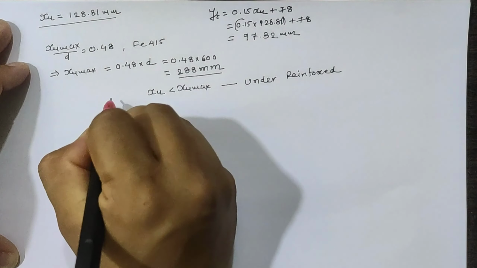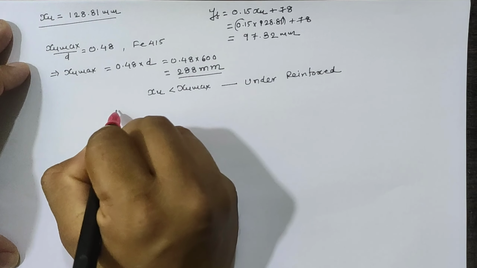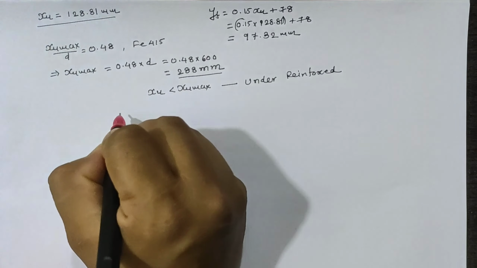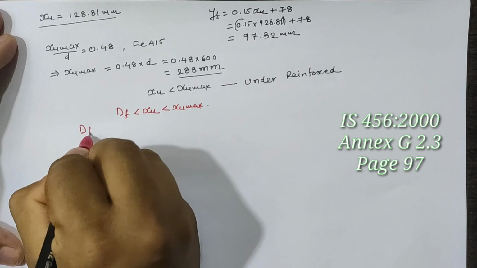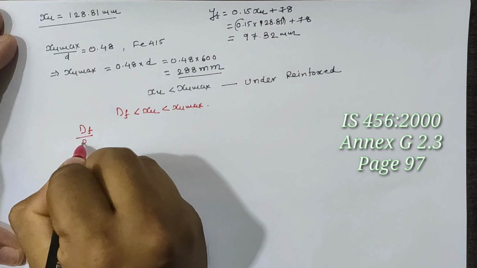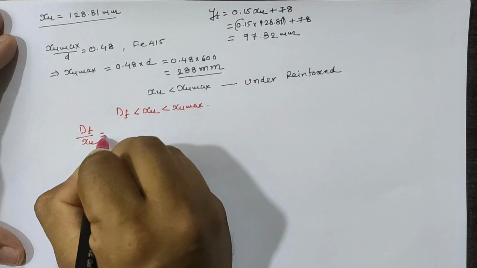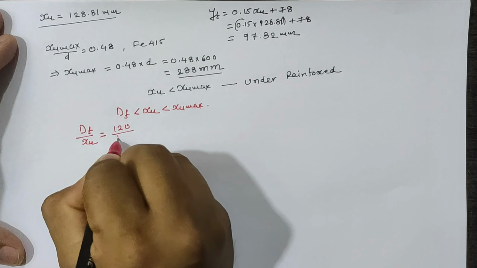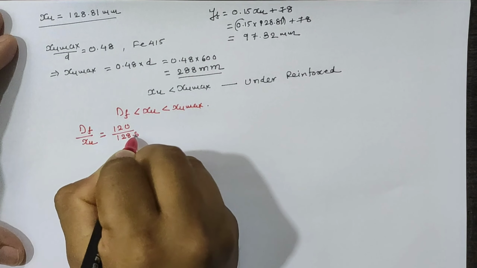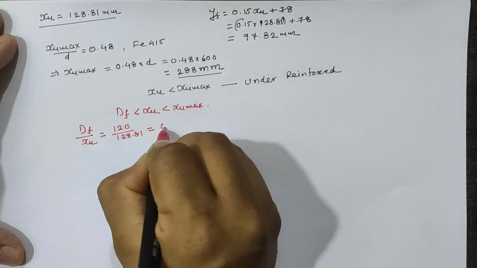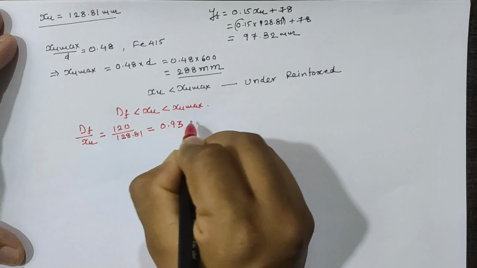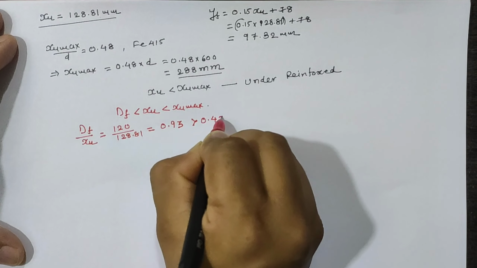And the value of Df is less than Xu, and Xu is less than Xu max. So first we have to calculate Df by Xu, which is equal to 120 by 128.81, which is 0.93, which is greater than 0.43.